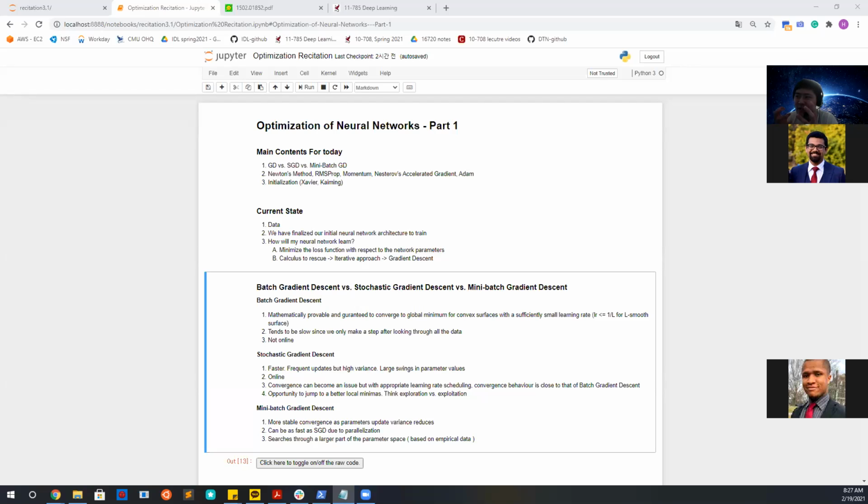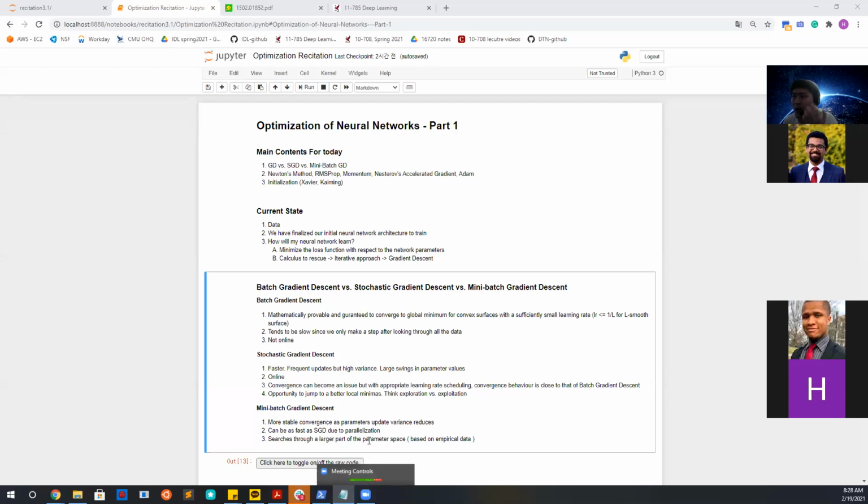Right now, the current state is you're trying to solve some task through deep learning, and you have your data and your finalized initial network architecture to train. So now you're trying to train and learn the network parameters. The problem is how are you going to minimize the loss function with respect to the network parameters?